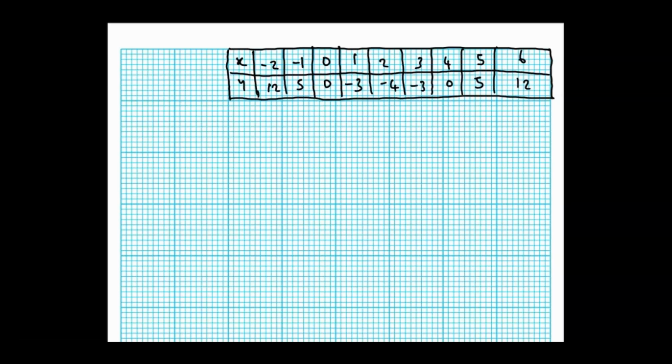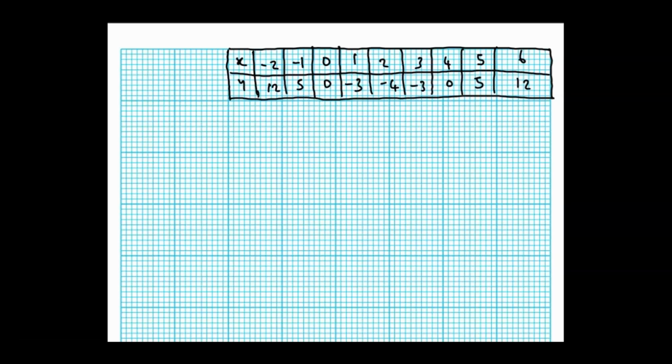Fortunately, x are given in ascending order, from the lowest to the largest, which is what happens for x almost every time. So the smallest value of x is minus 2, the largest is 6. When we put down our xy plane, we have to take note of that.